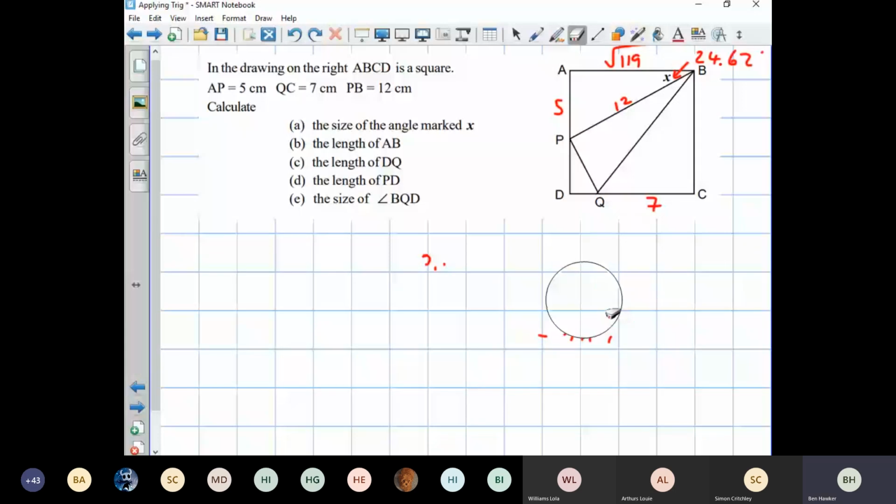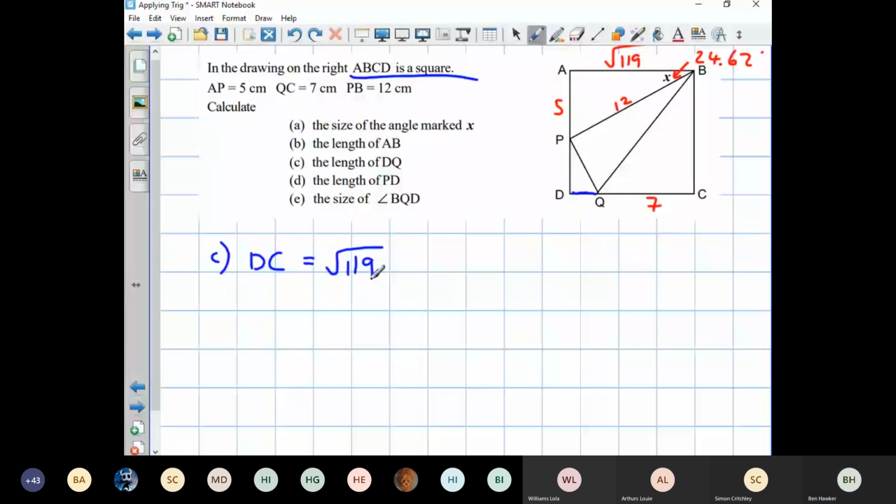Next part, I'm going to change to blue just for fun. We're looking at DQ. Now, we could start thinking about using trig. However, we can also take the fact that ABCD is a square, and we know that AB, which is one side of the square, is equal to root 119. Therefore, DC, the opposite side, is also equal to root 119.